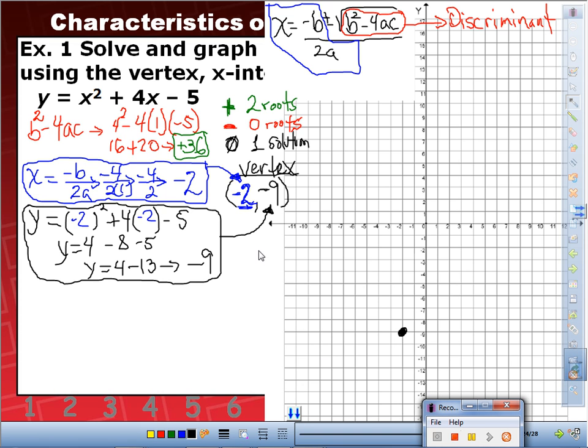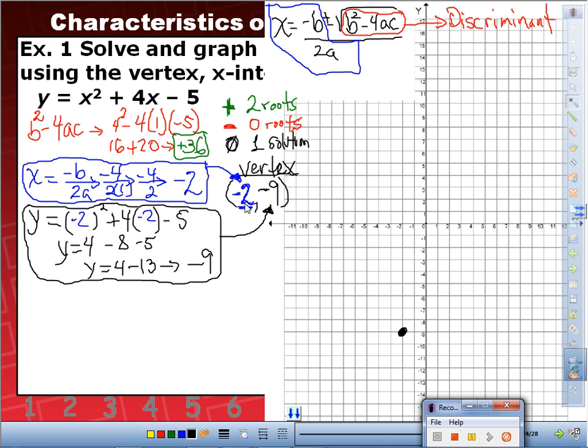Okay, here we go. Once again, recap. Standard form, yes. Step 2, use the quadratic formula. Which part? The discriminant, to find out how many roots we're going to get at the end. How many did we say? 2. Step 3, use the quadratic formula, which is the first part, to find the x value of the vertex. Did we find that?